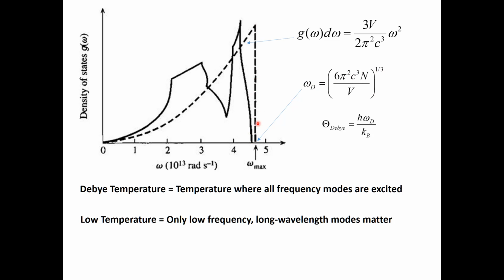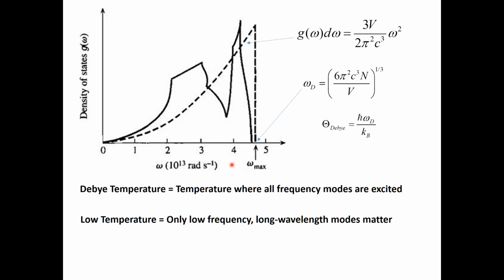This is the maximum here, and the Debye temperature theta is proportional to this cutoff. The background dark curve is what the actual density of states for a material usually looks like, and we'll talk about these. This part corresponds to the acoustic side, and this part corresponds to the optical modes.